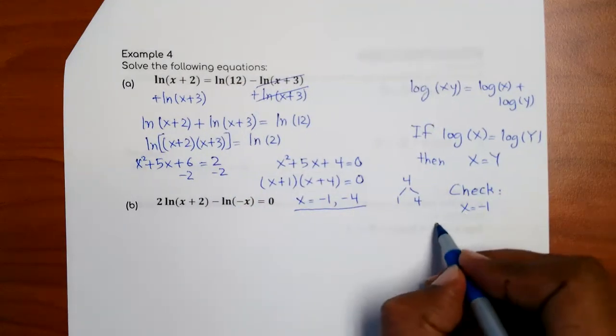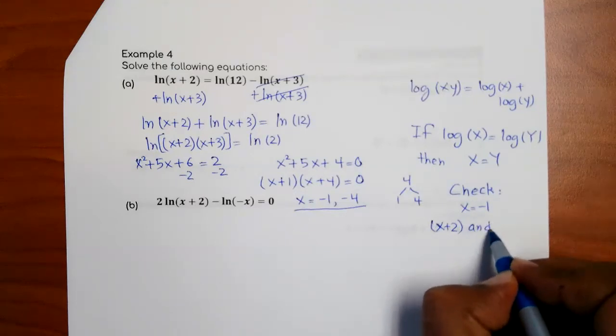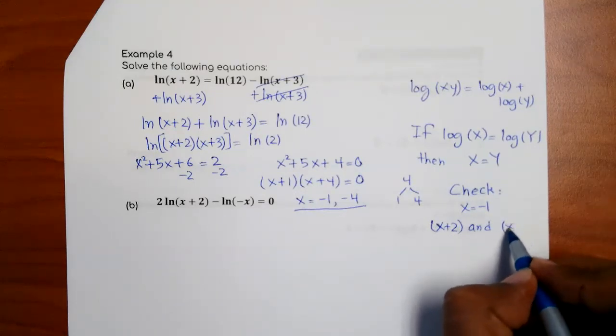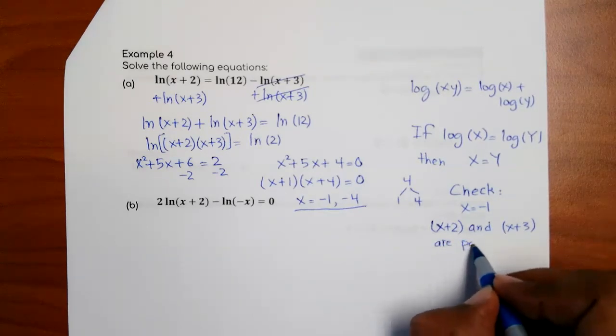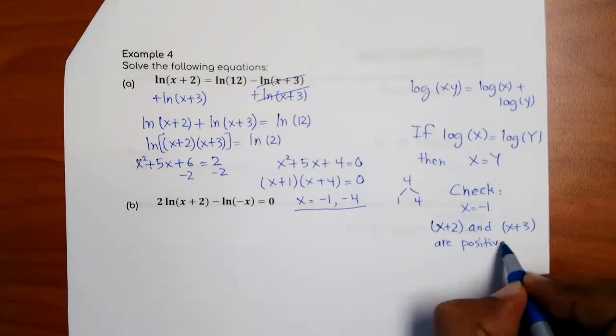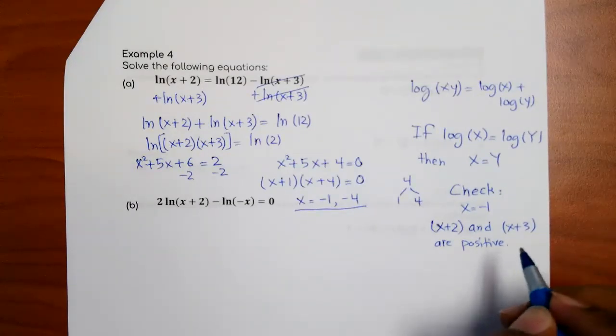So x plus 2 and x plus 3 are positive. Okay, so if they are positive and they are neither 0 nor negative, that means this is a valid solution.